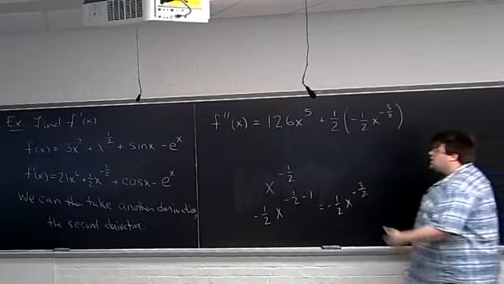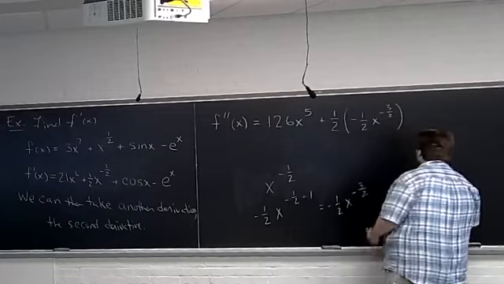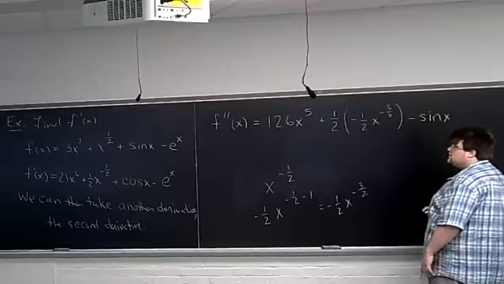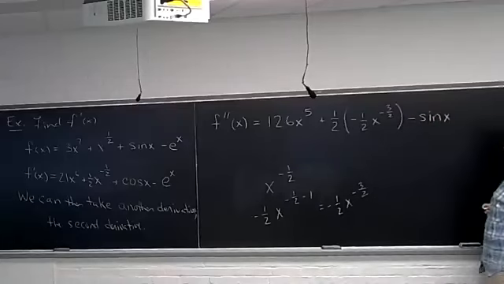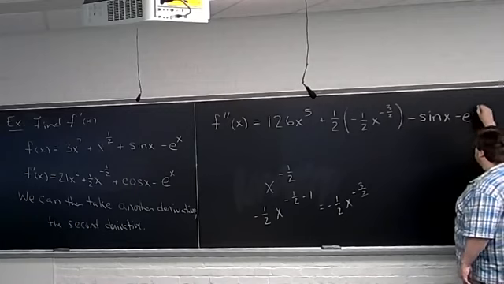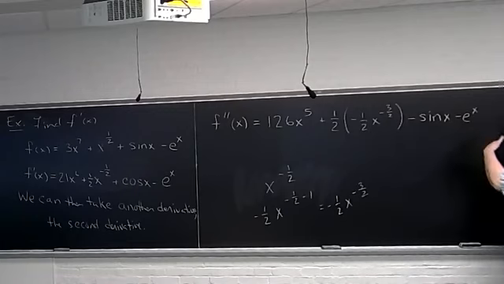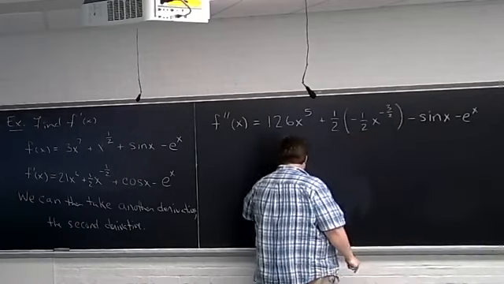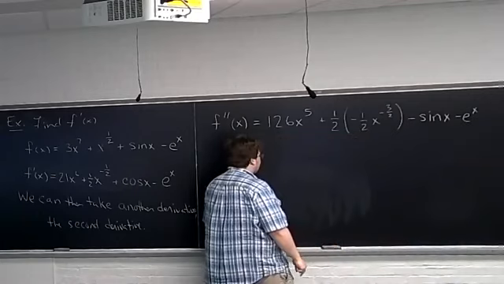Okay. Next, we have cosine. The derivative of cosine from the second trig rule is negative sine of x. Derivative of cosine of x is negative sine of x. And then last, again, we have negative e to the x. Negative carries, the derivative of e to the x is e to the x. And if you like your answer like this, that's perfectly fine.